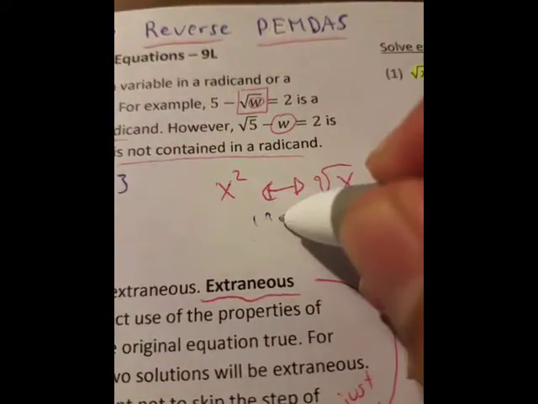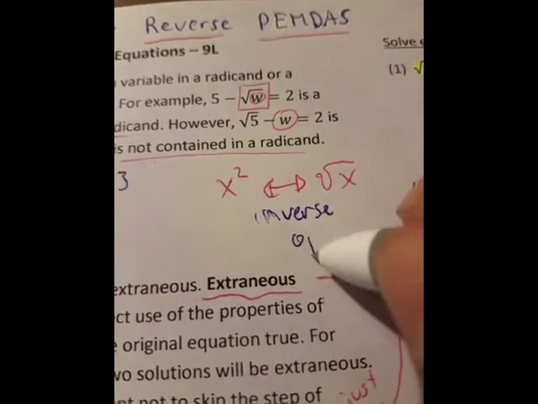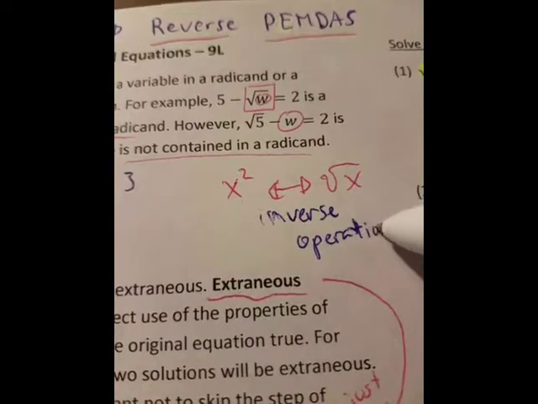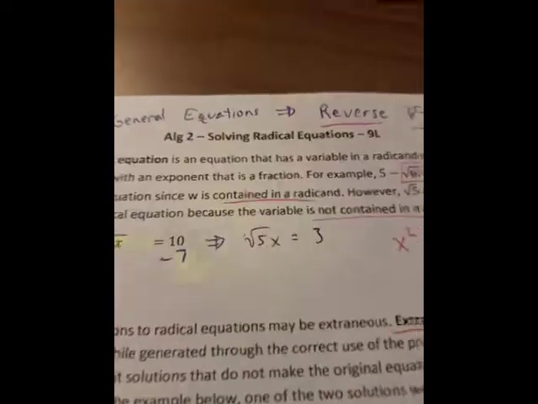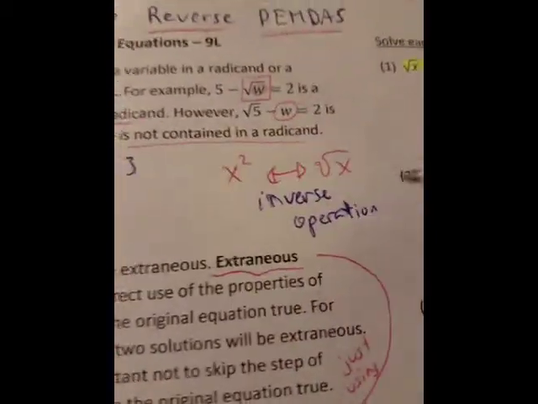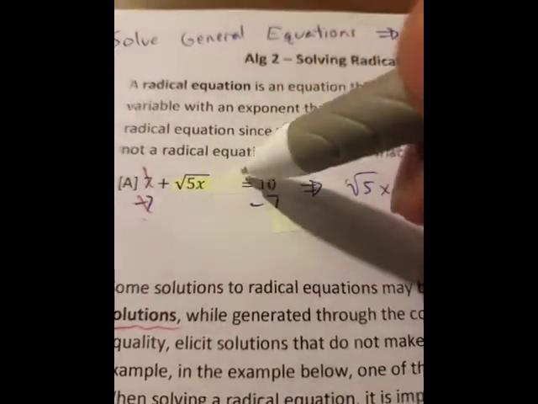Please write that. Inverse operations. Now, why is that important? When you're solving equations in general, you always do an inverse operation. You see this one right here? This is an inverse operation: positive minus 7, on both sides of the equal sign.